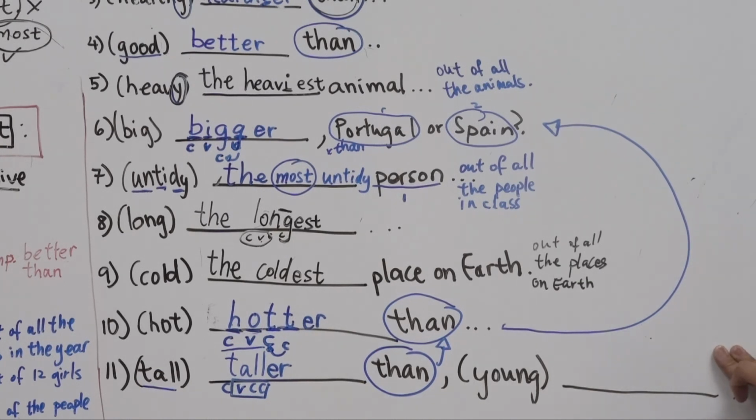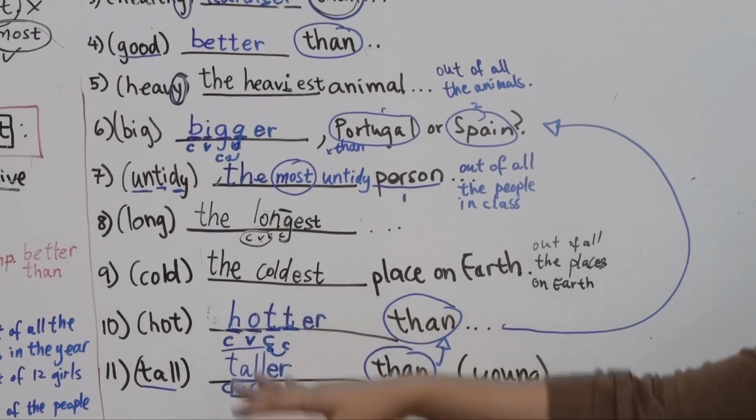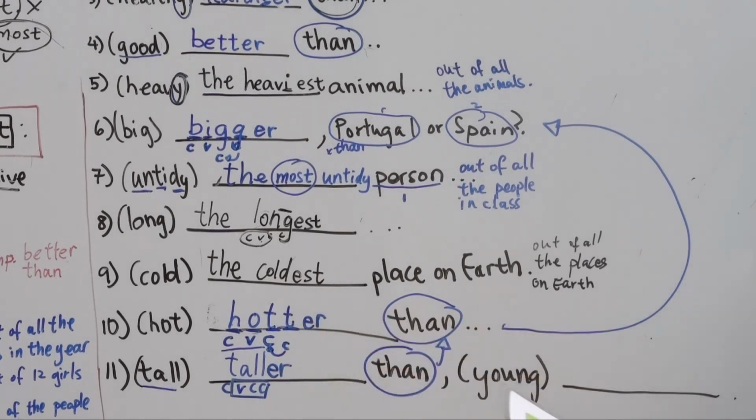Even though she is blank. Right, we're still comparing, right? We're still comparing their height. So even though we can try to switch it around, right? Even though Jenny is younger than Alice, she is still taller than her.